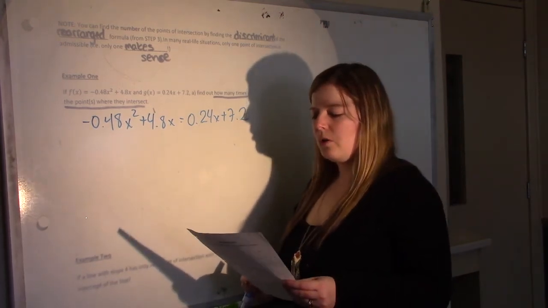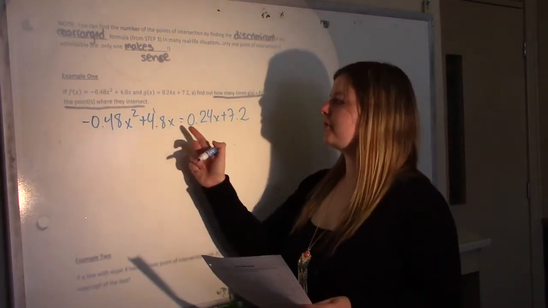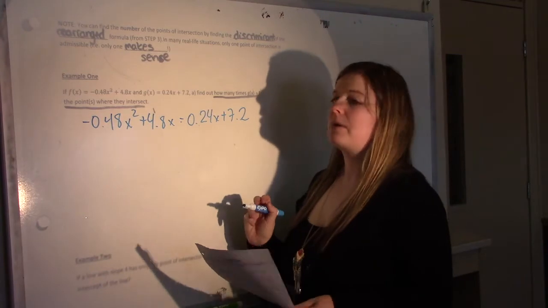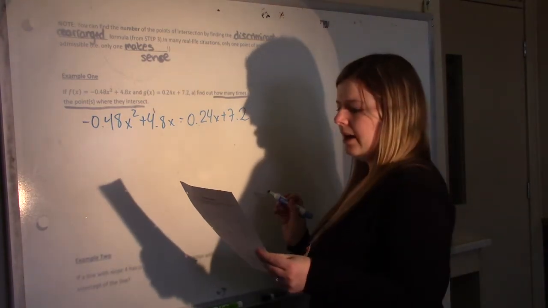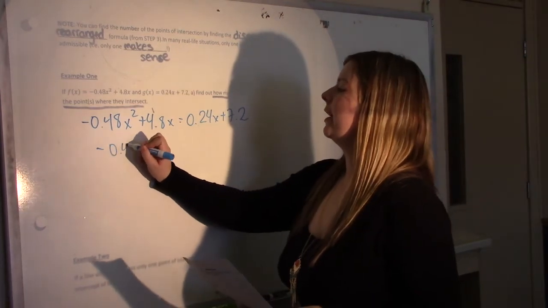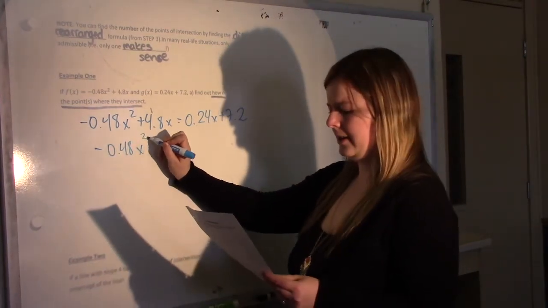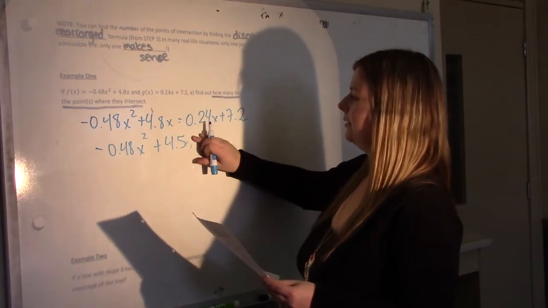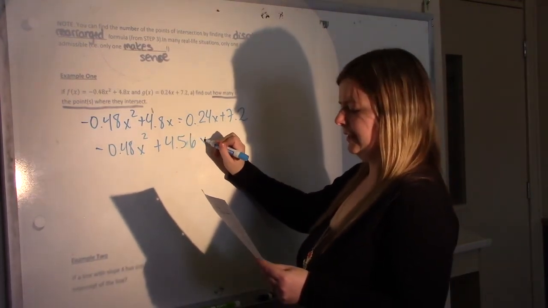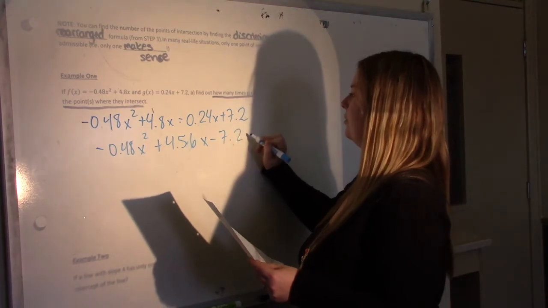Okay? So then you can just rearrange and move things over. You might want to pause the video and try that on your own. Make sure you get the same thing I do. But you get minus 0.48x squared plus 4.56x minus 7.2 equals 0.